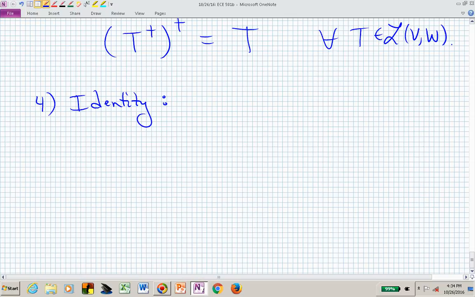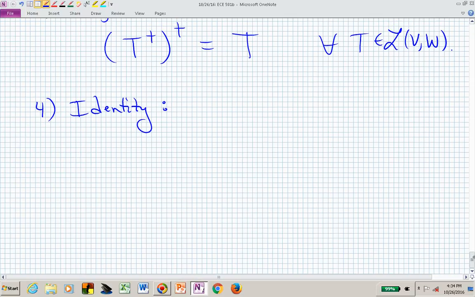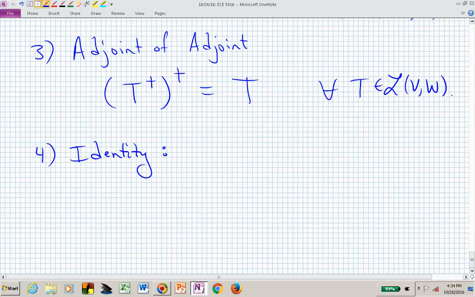One easier way to think about that is that it's consistent with doing a transpose of a matrix. You transpose a matrix and you transpose it again, you get your original matrix back. But these are now linear maps. What would happen if I took the adjoint of the identity map? That better give us the identity map back.